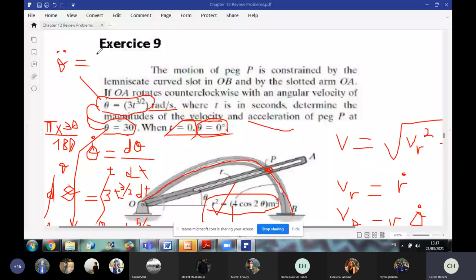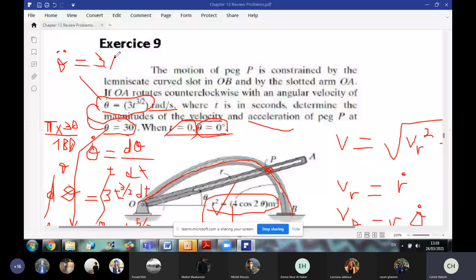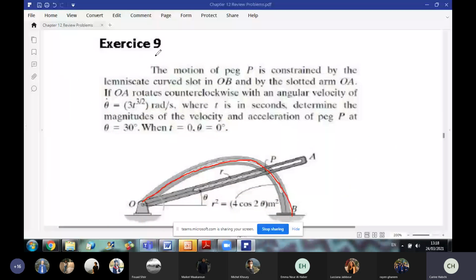So the derivative will be 3 times n, which is 3 over 2, so 3 times 1.5 times t to the power n minus 1, which is t to the power 0.5. In this way, you have the expression of theta dot dot.